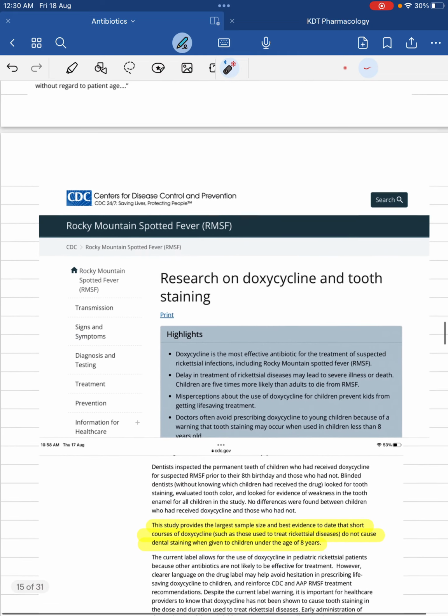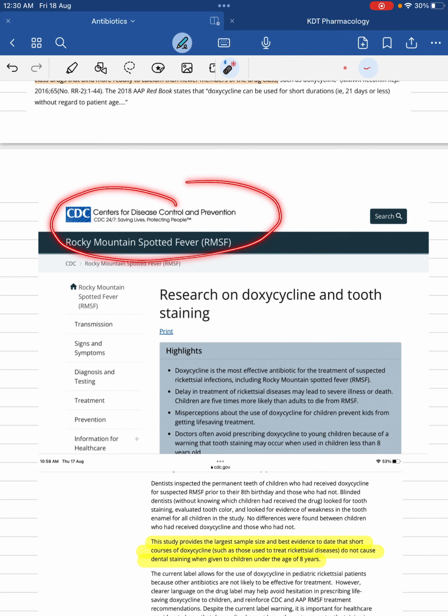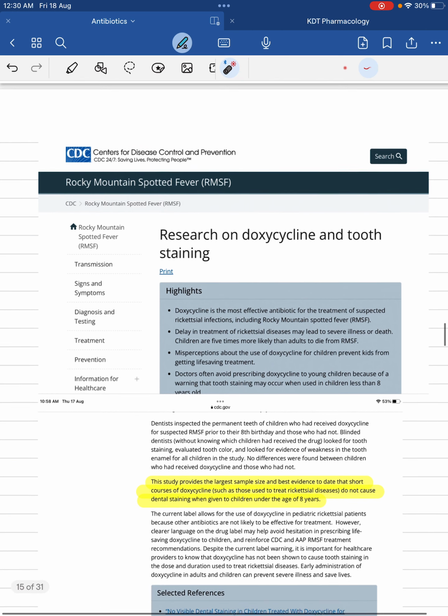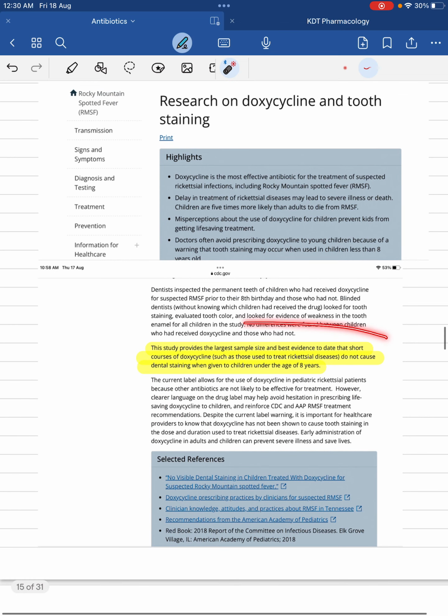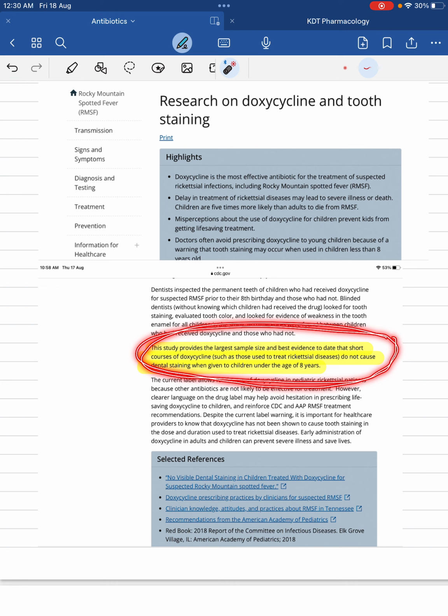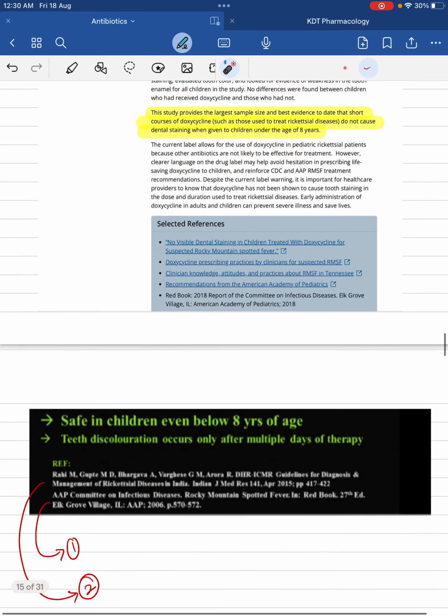And one more evidence, a second evidence from a CDC publication. They are telling that if we are sure about the rickettsial disease, we can use it even though the child is less than 8 years.